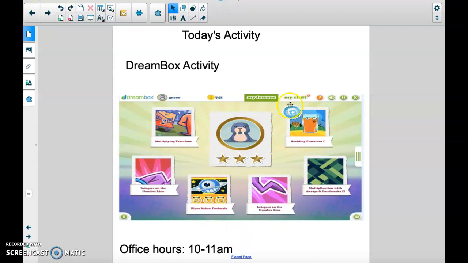What it does have, though, is this little blue icon. That means that there's an assignment up. So when you log into Dreambox, and it looks like a lot of us have already, and if not, go back to the Tuesday video and look at how to get into Dreambox and look for this little icon. Click on that and then do the activity in there, okay?